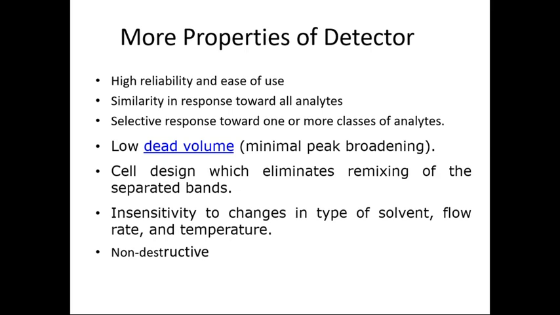It should have the same response towards all analytes, that means the lambda max should be the same. There should be a low dead volume. There should be no remixing of solvents, and these are non-destructive, because you can collect the sample at the end of the HPLC, as you have seen in the preparative HPLC.